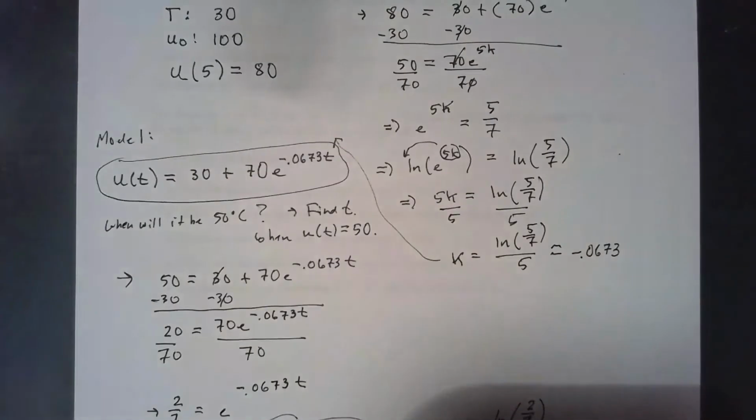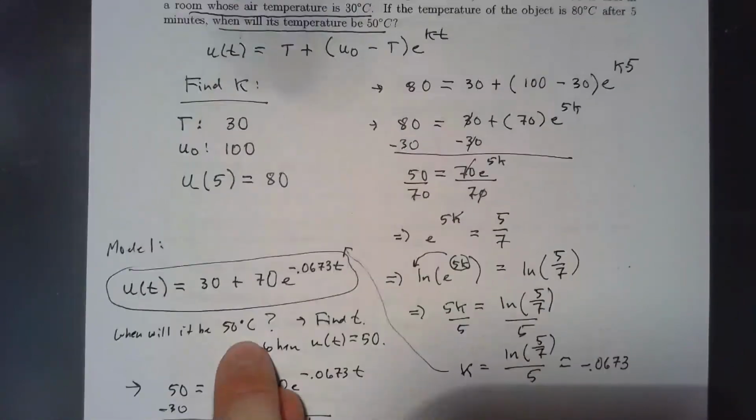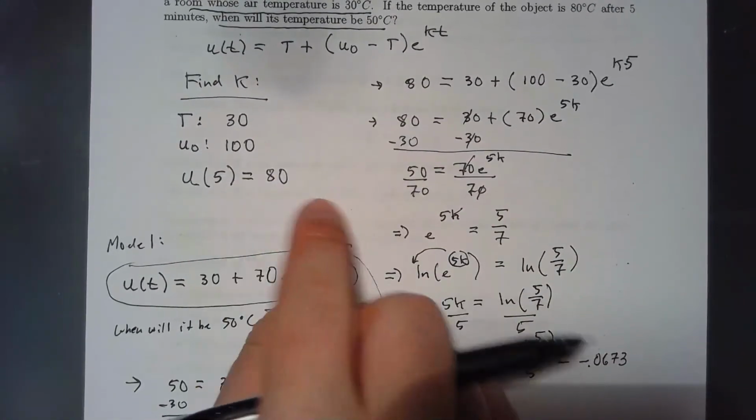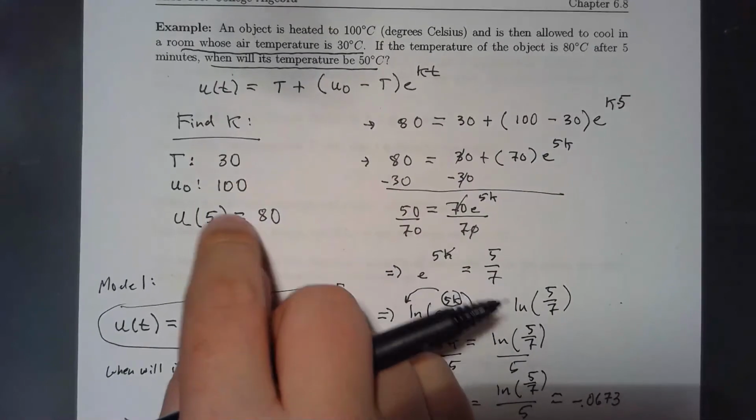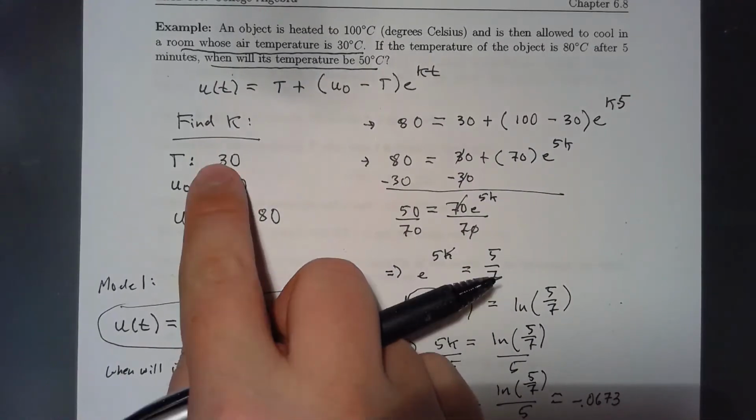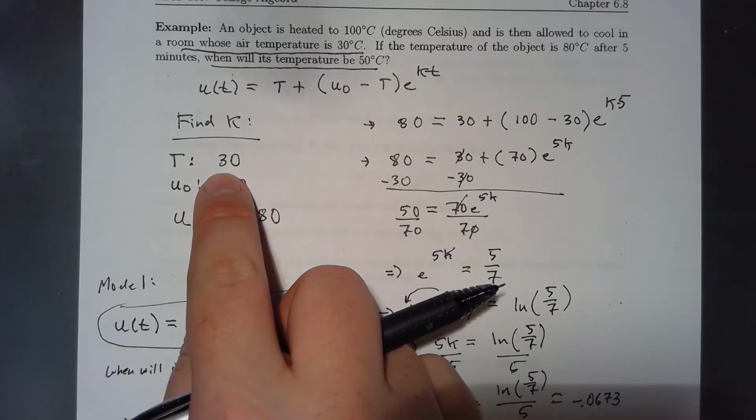So in order for the object to cool to 50 degrees Celsius after 5 minutes, you know, the object was heated to 100 degrees, it was put in a room that was 30 degrees.